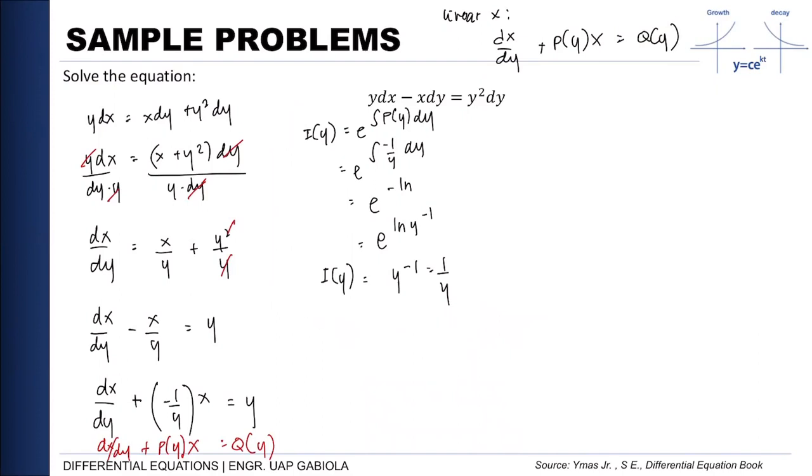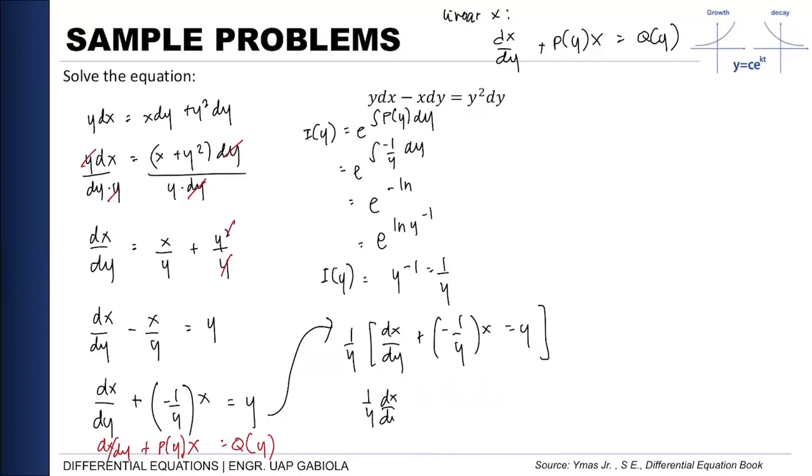Dito na sa linear equation. So, 1 over y multiplied by dx over dy plus negative 1 over y x is equals to y. Para mas simple na tayo. Kasi same procedure lang yung gagawin natin. We have 1 over y dx dy, okay, minus 1 over y squared x is equals to 1.